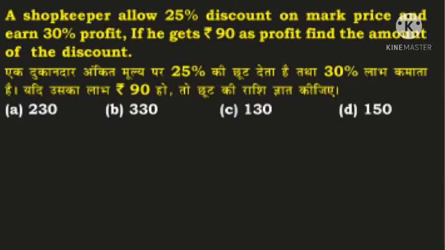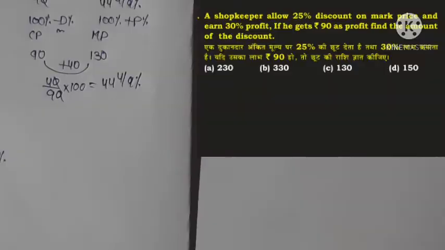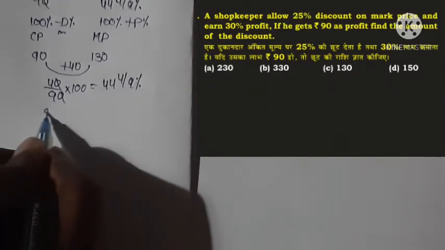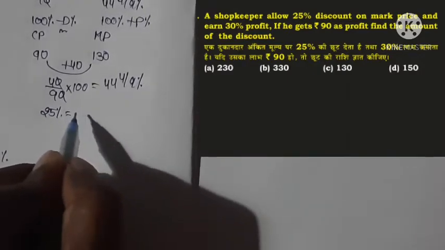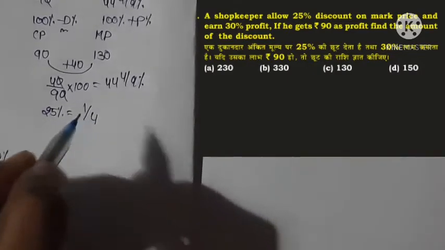A shopkeeper allows a discount on mark price and earns 30% profit. If he gets 90 rupees as profit, find the amount of discount. The discount is equal to 25%. So 25% is equal to 1 by 4.